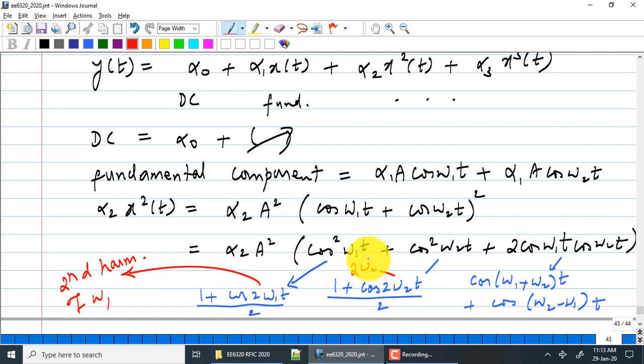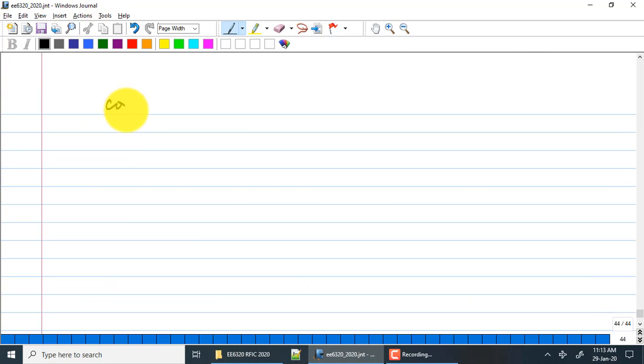Okay. Now, these two terms, cos of omega 1 plus omega 2 t and cos of omega 1 minus omega 2 t, are called intermodulation terms. Okay.